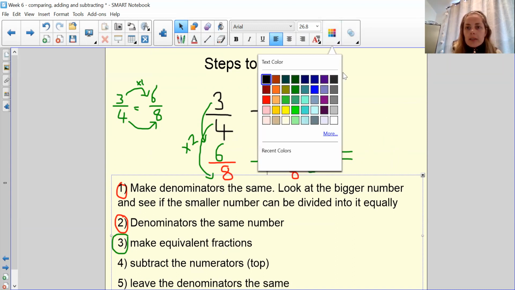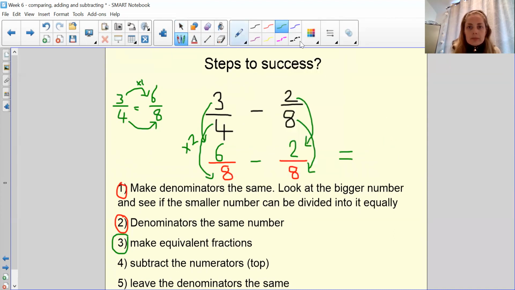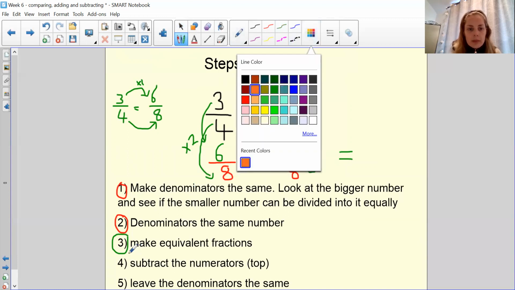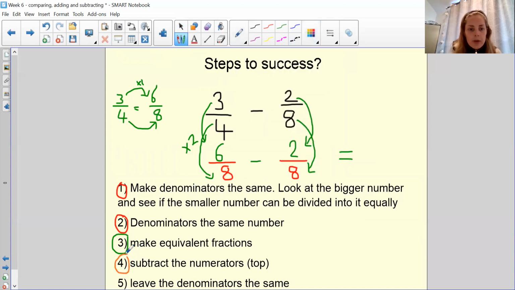And let's do some colors for that. So let's do orange. And we're going to subtract the numerators. So 6 minus 2 is 4. And then let's do blue, leave the bottom numbers the same. So if it's 8, I'm going to leave it as 8.